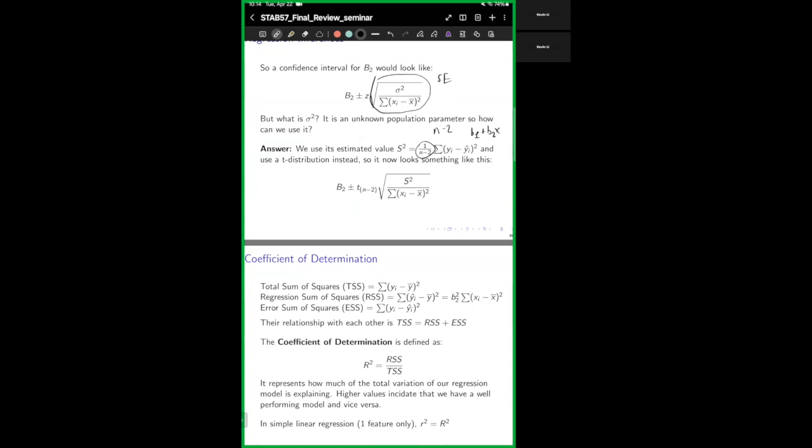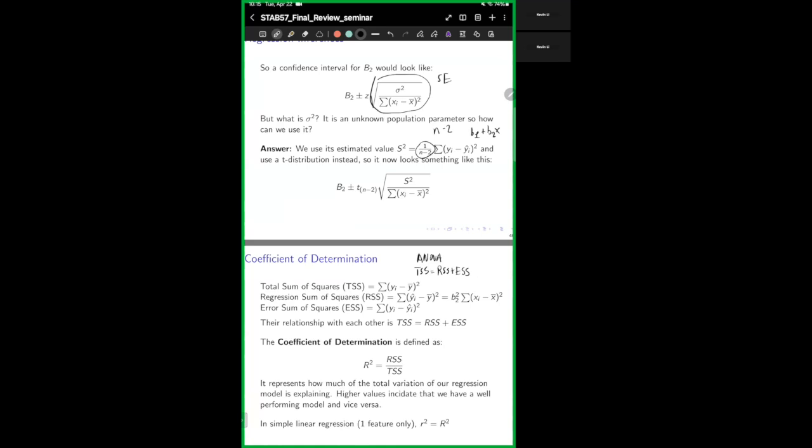Under analysis of variance, the total sum of squares should be equal to the regression sum of squares plus the error sum of squares. We can decompose the total sum of squares, yi minus y bar, into yi minus yi hat and yi hat minus y bar, squared.